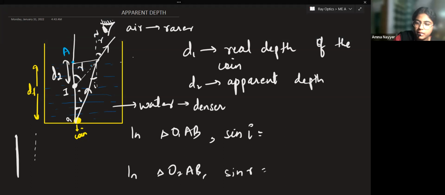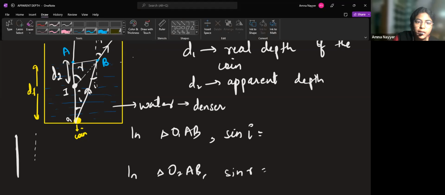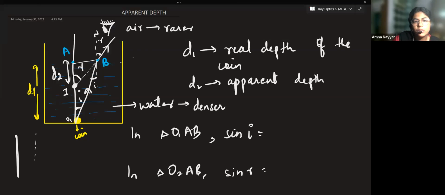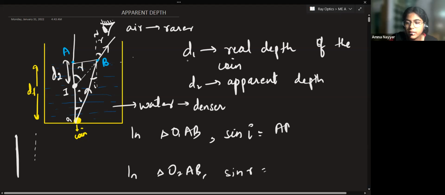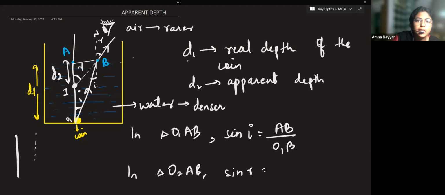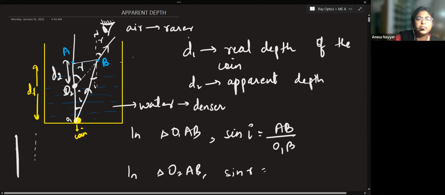This point I'm marking as point A. This point I'm marking as point B. This one I'm taking as O1. This is water. Now when I'm talking about O1AB, this complete big triangle, sine I will be equal to what? In this bigger triangle, sine I will be equal to perpendicular AB, and hypotenuse O1B. So sine I will be equal to AB divided by O1B. Let's mark this image as O2.